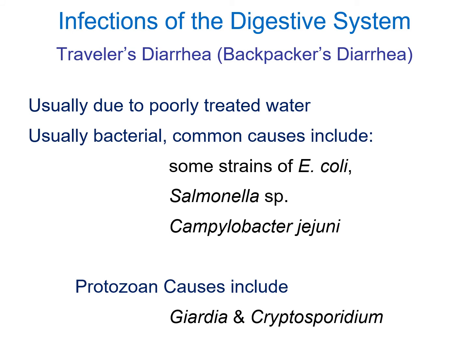This can be caused by a lot of things, like I said. Usually it's caused by bacteria, so in about 50% or more of cases it's bacterial. Strains of Salmonella can cause it, strains of E. coli can cause it, but there are other causes as well. There are protozoan or protist causes. Giardia is one of them, Cryptosporidium.